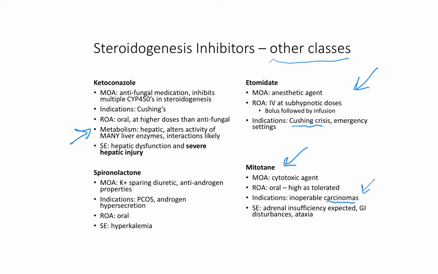Finally, with other classes, we have spironolactone, which is actually a diuretic, and it's called the potassium-sparing diuretic because it works on that pump we were talking about before that exchanges sodium for potassium. And when aldosterone turns on that pump, we retain sodium but then lose potassium.